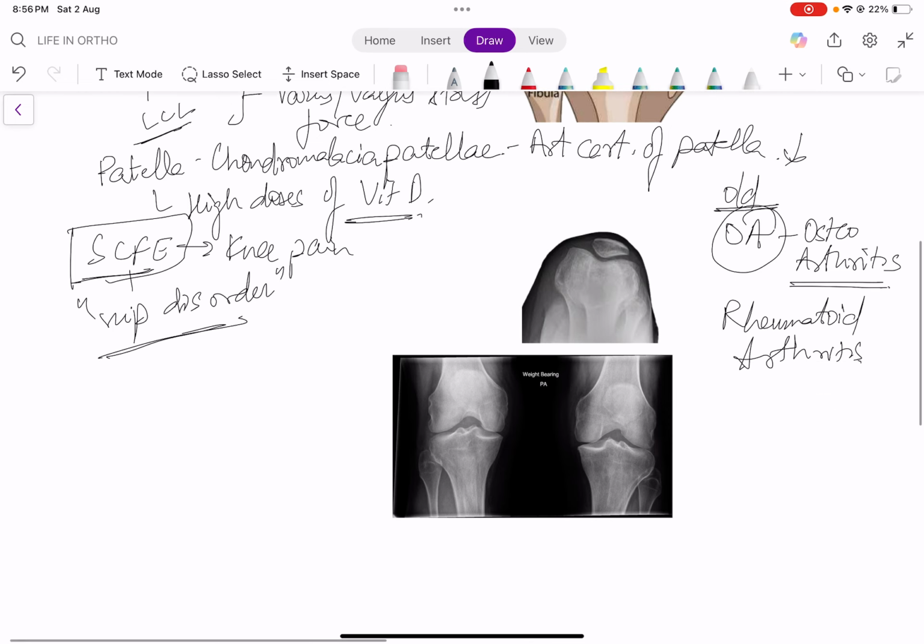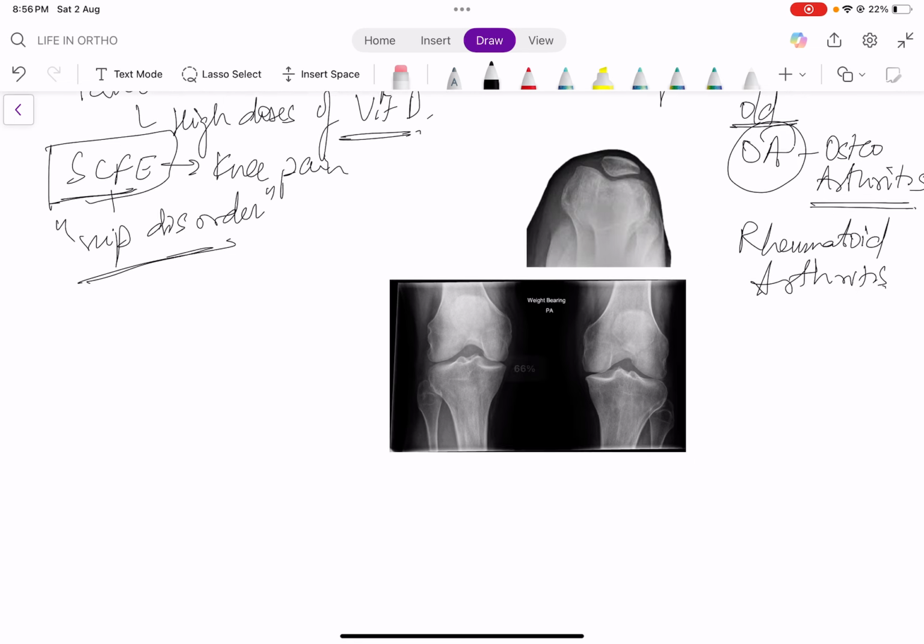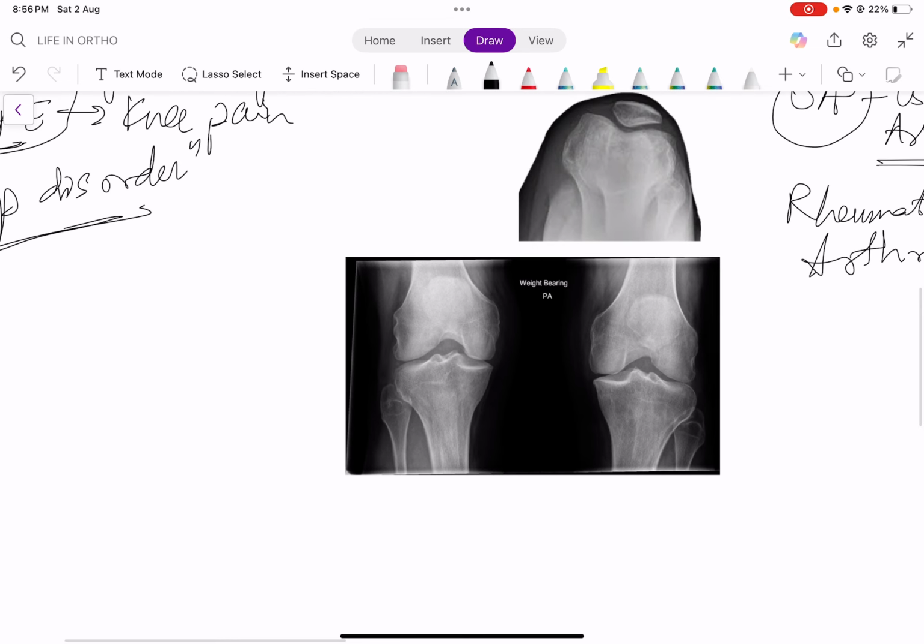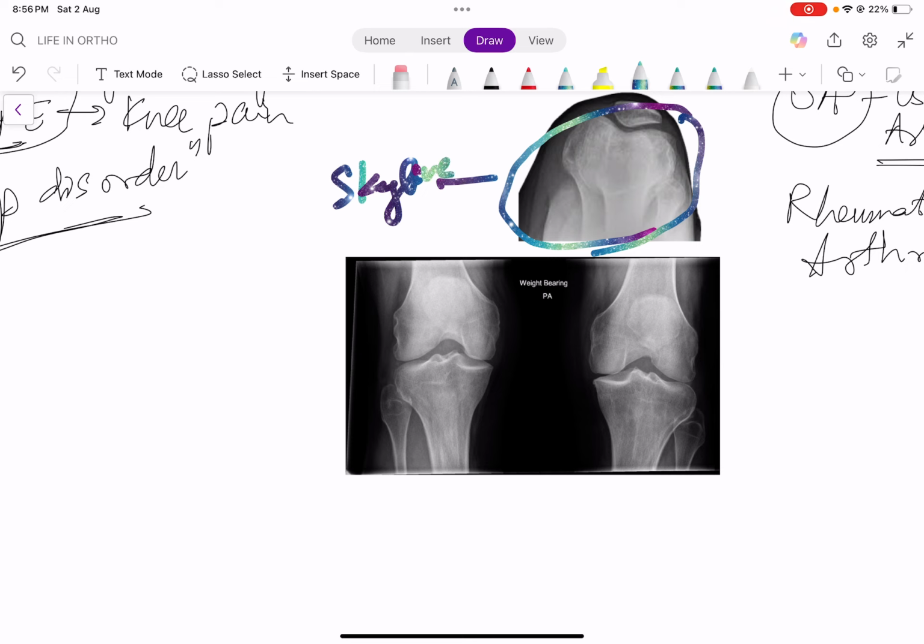Now coming to x-rays. This is a skyline view, which is there for the patella. So patellofemoral arthritis is seen through the skyline view.